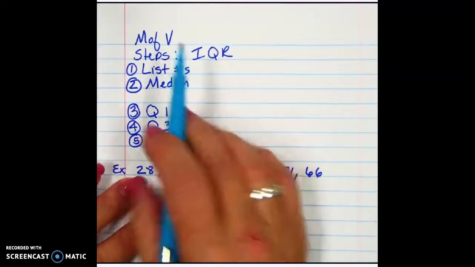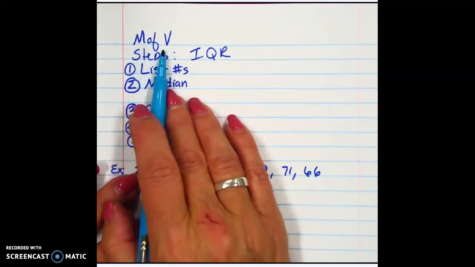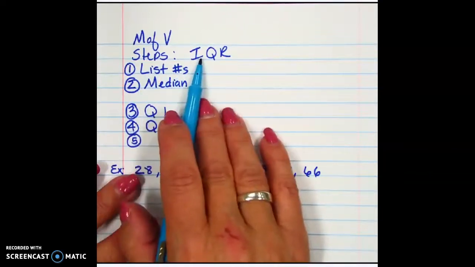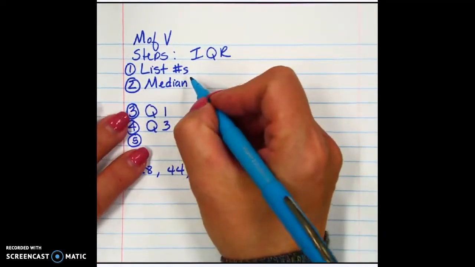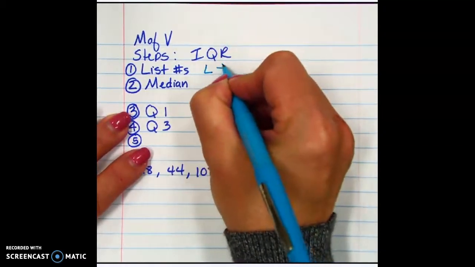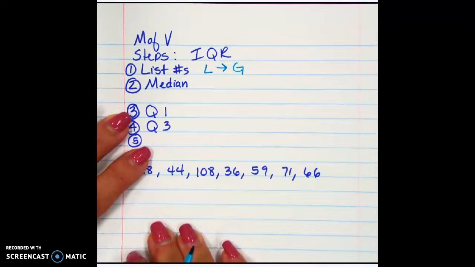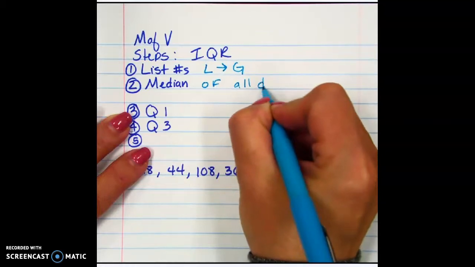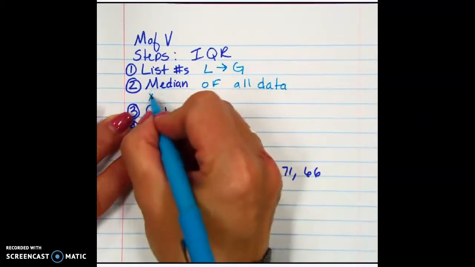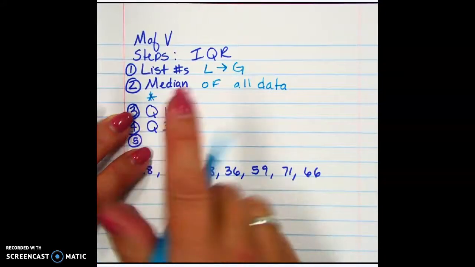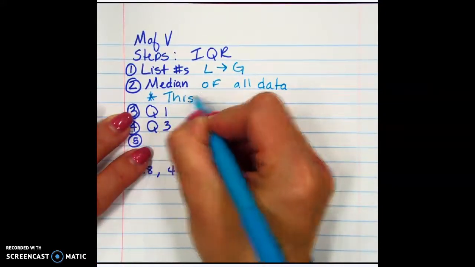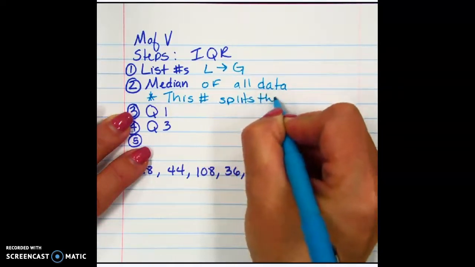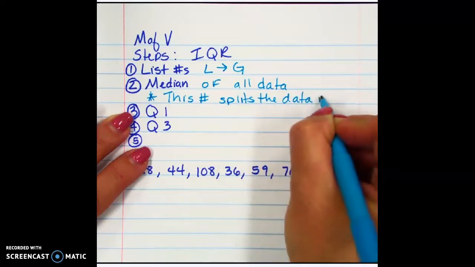But here, there are certain steps that make this very, very easy to figure out. So in this MOV, measures of variability, the first step for the interquartile range is to list your numbers, you guessed it, from least to greatest. Then you're going to find the median of all data. What happens when we do this, which is kind of important, is this number splits the data in half.